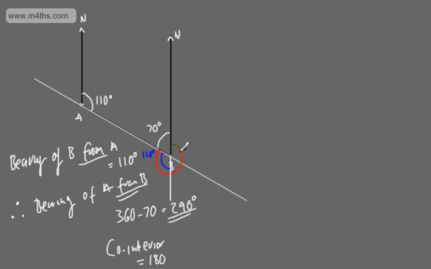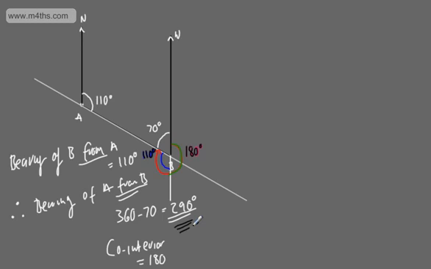I've measured this out, and that is a straight line. Therefore, angles on a straight line equal up to 180 degrees. Let's change the colour, it's not easy to see. Let's just go for black. 180 degrees. Therefore, the 110 plus the 180 also gives me the 290.